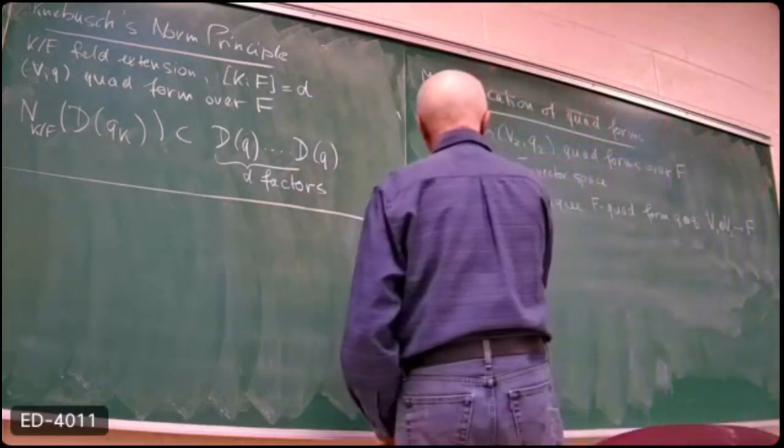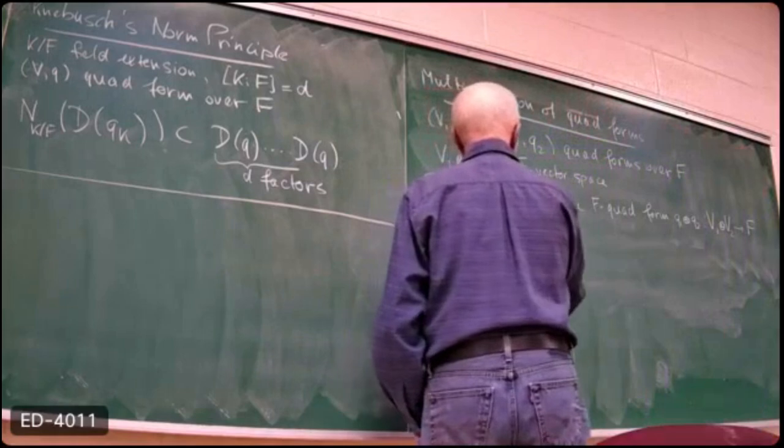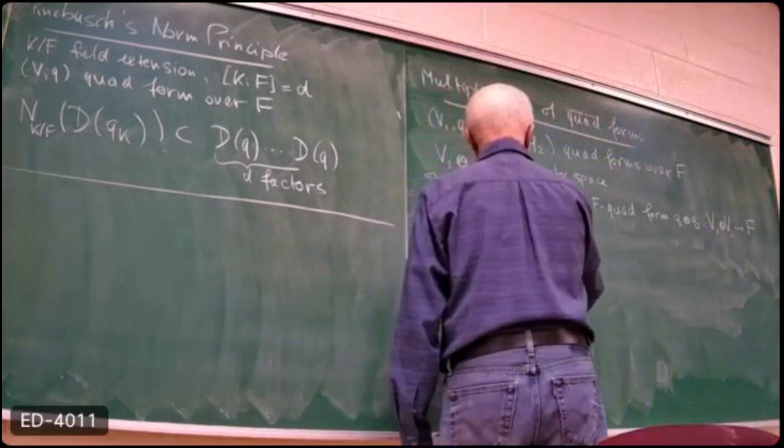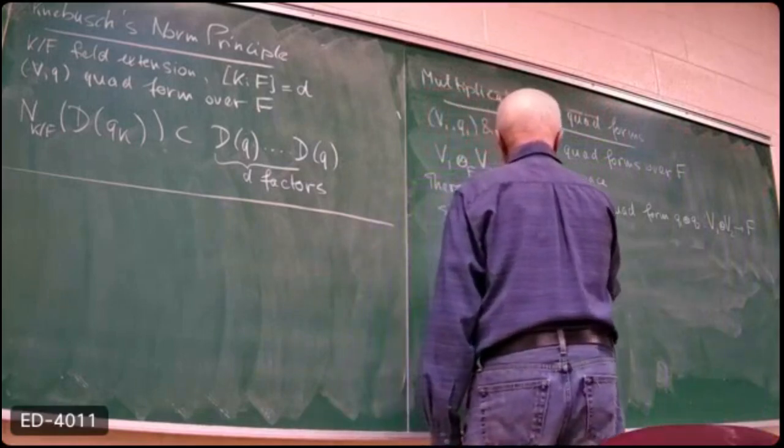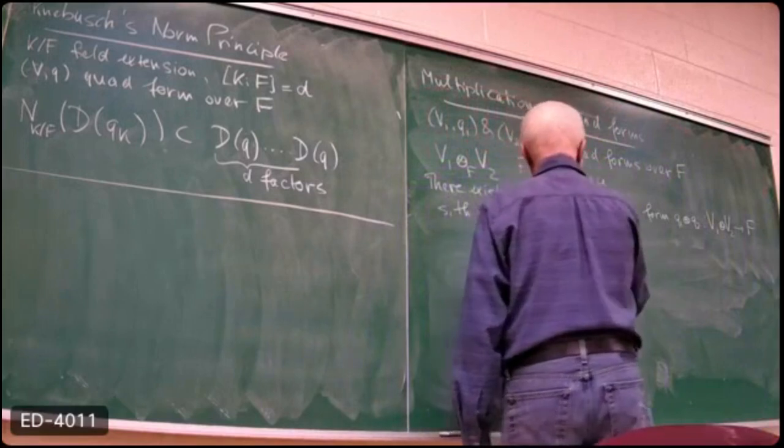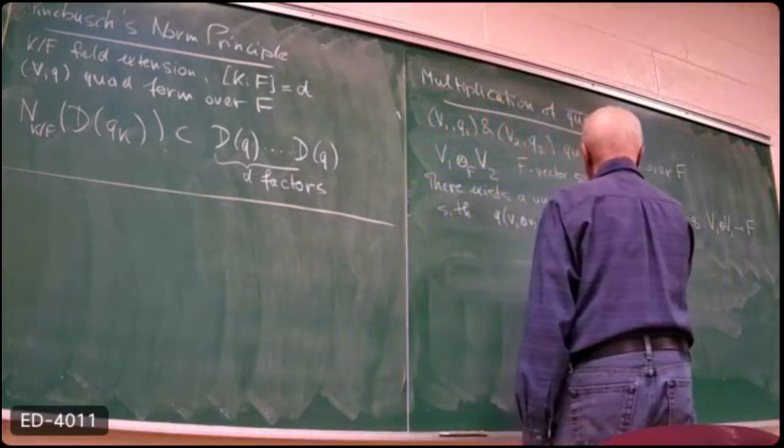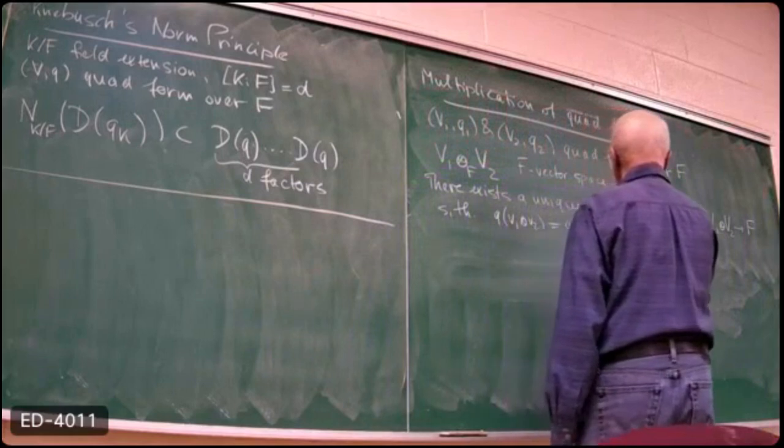And it's unique by requiring that on a simple tensor, q is just the product of the two factors.